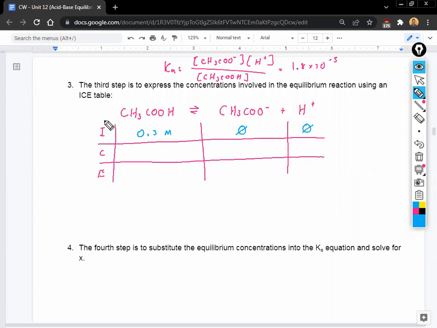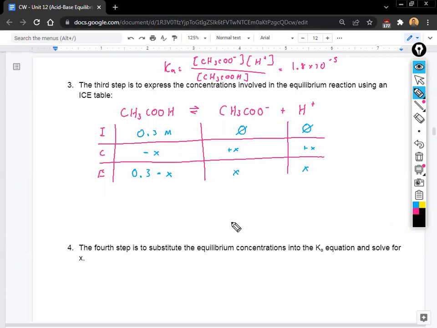If you look at the stoichiometry, everybody's a 1-to-1 ratio. That means we're going to lose some of the acetic acid and gain the same ratio for the conjugate base and the H plus. So for the equilibrium, the values we have right now are 0.3 minus X, X, and X. Okay. So far, so good. Any questions on where we got those values?